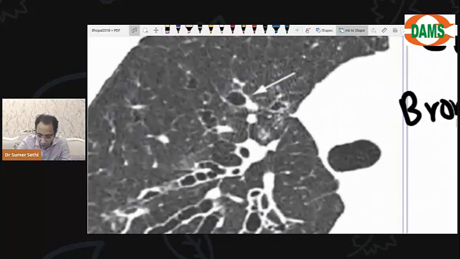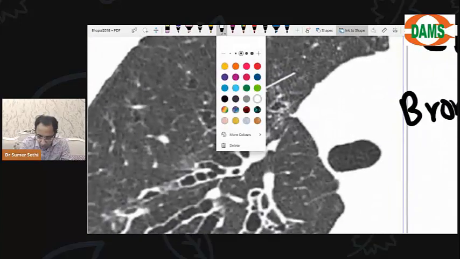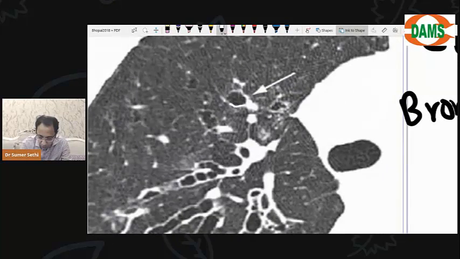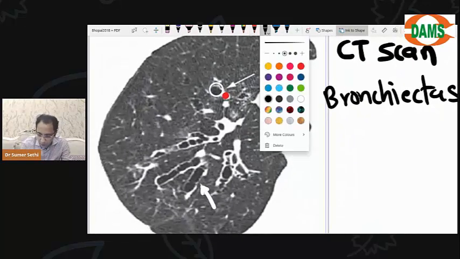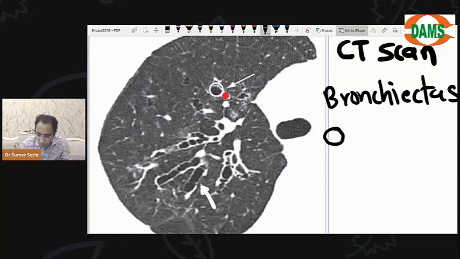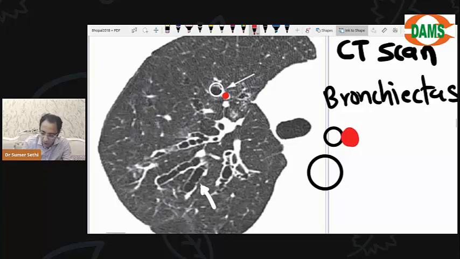Now I want you to understand again, this is your bronchus and this is an accompanying vessel. In a normal person, bronchus and accompanying vessel should be of same diameter. In bronchiectasis, the bronchus dilates and the vessel is of same size as before.